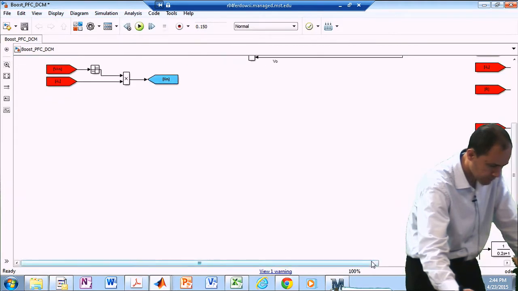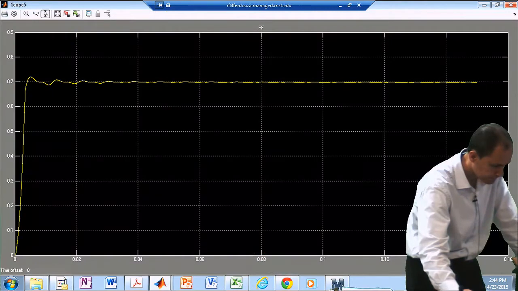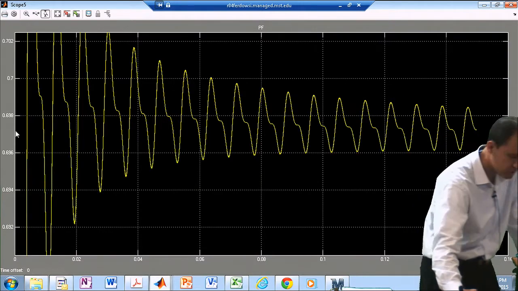All right, if you remember, this was about 70% power factor. Okay, let's call it almost 70%.